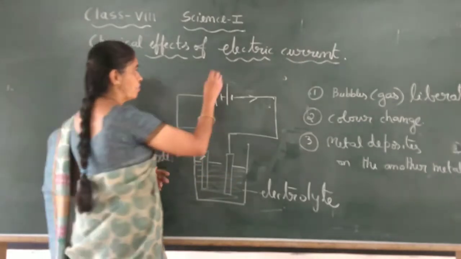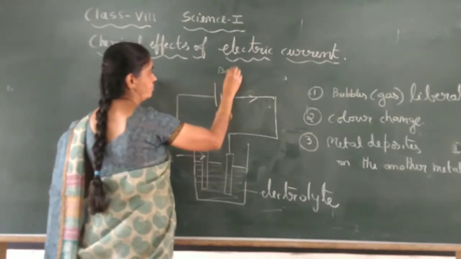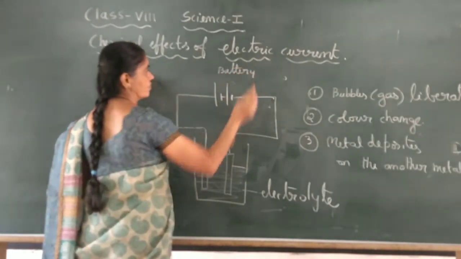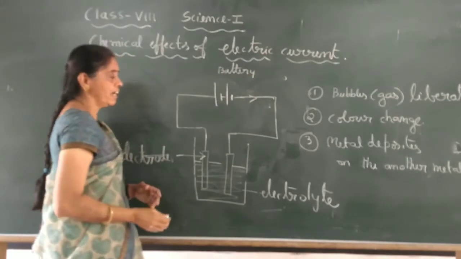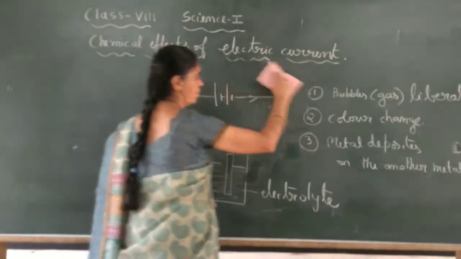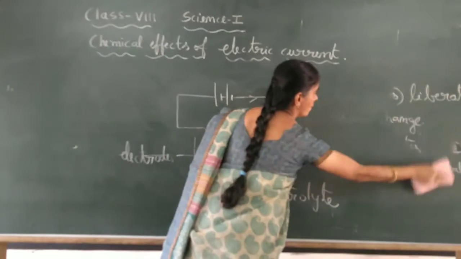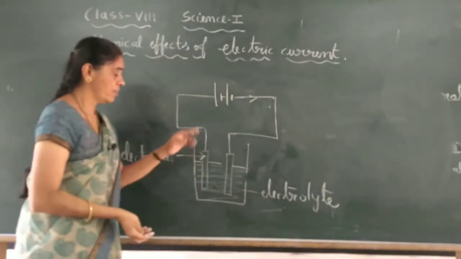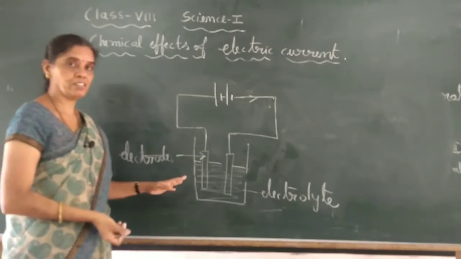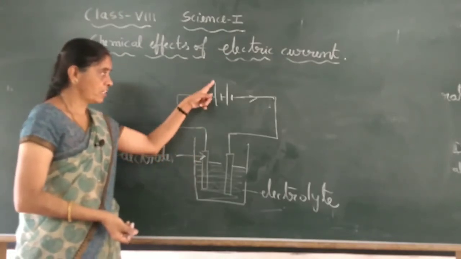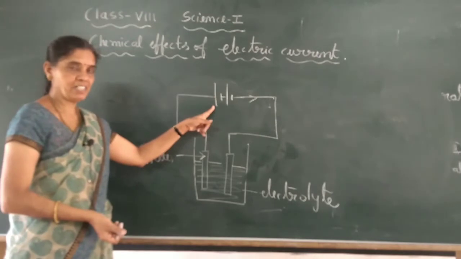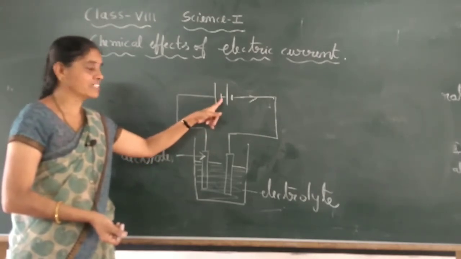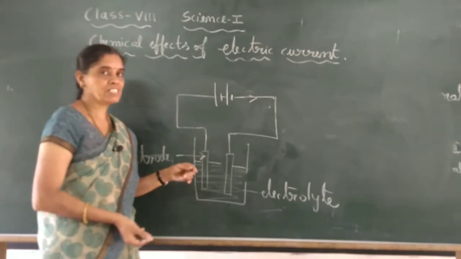Okay, and this is the battery. Here, this is the positive terminal of the battery, and the small line is the negative terminal of the cell.